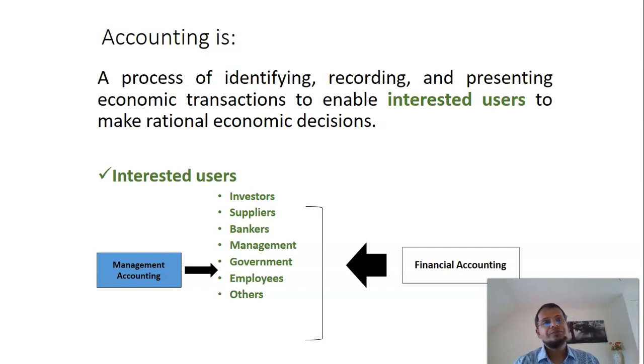In accounting, we divide the stakeholders or interested users of accounting information into two classes. We can say easily, it is internal users and external users. The internal users are the people who are within the organization, and external means the people who are outside the organization.